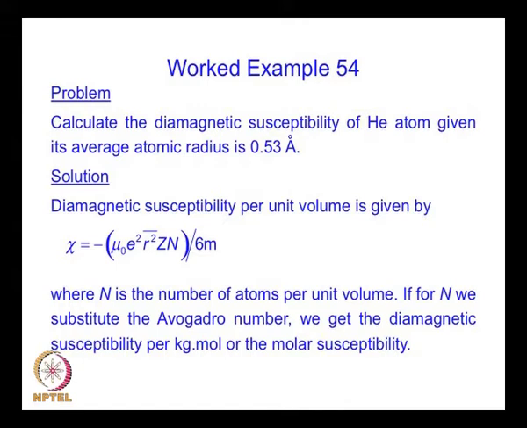Given that the average atomic radius is 0.53 angstroms, which is the same as 0.053 nanometers.